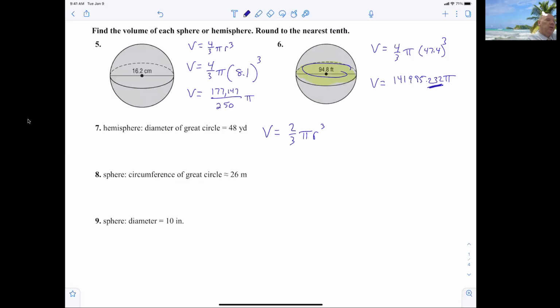All right, now here it says the diameter is 48. So tell me, somebody. 9,225. Now remember, you're using your calculator, making sure you're familiar.